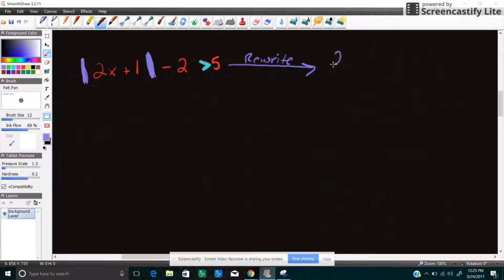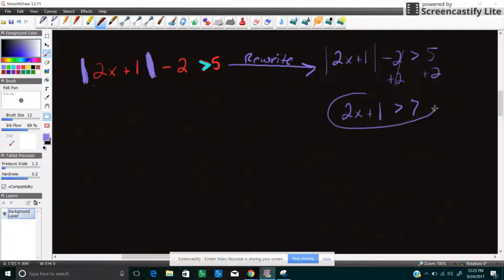So I'm going to do that over here, which is why I put rewrite. 2 times absolute value of 2x plus 1, minus 2 greater than 5. So I add 2 to both sides, which gives me absolute value of 2x plus 1 is greater than 5 plus 2 is 7. This is the inequality that I'm going to be working with.